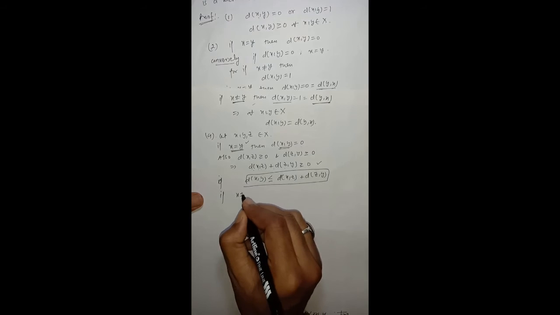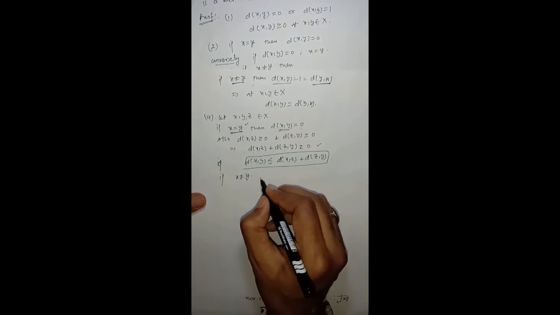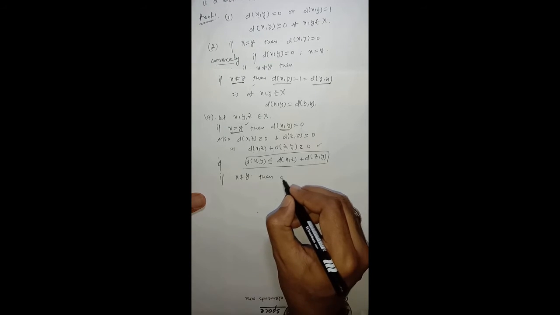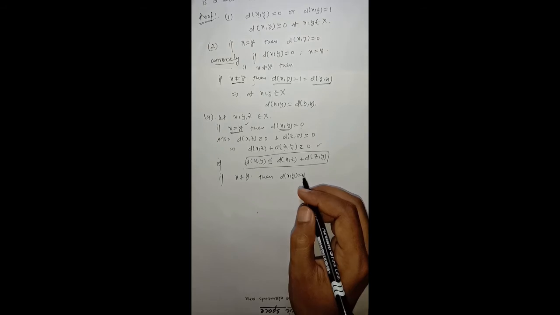Suppose x is not equal to y, then d(x,y) is equal to 1 by the definition.